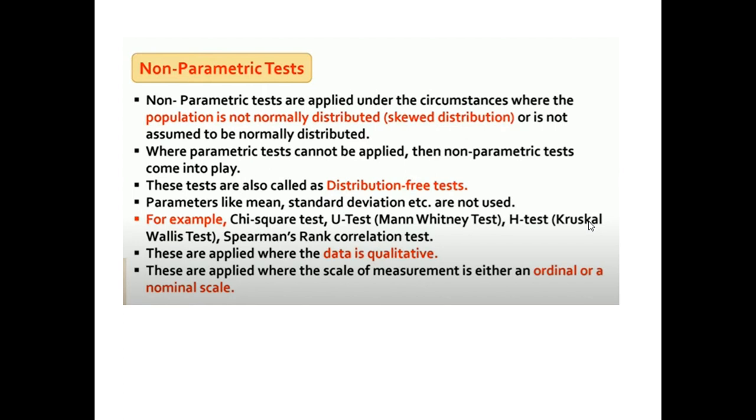They are not normally distributed, that's all. We can apply it in the majority of places where parametric cannot be applied. In this you can test chi-square and so on, to check the goodness of fit of the curve.